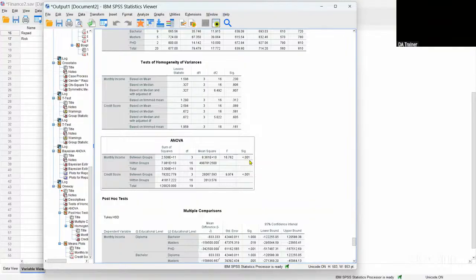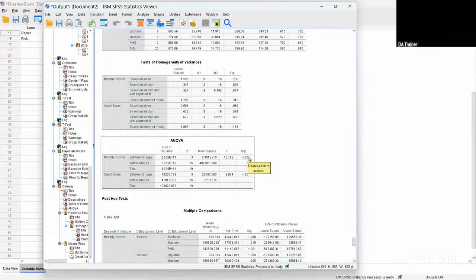Now, at this point, we can agree that there is a significant value as regards monthly income and educational level, because they have a significant value of 0.01, which is less than our 0.05.